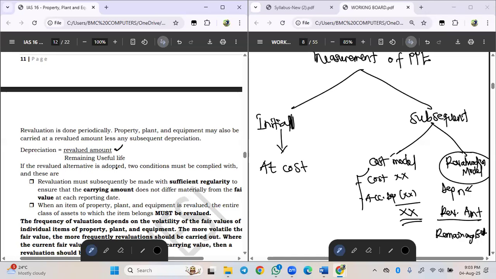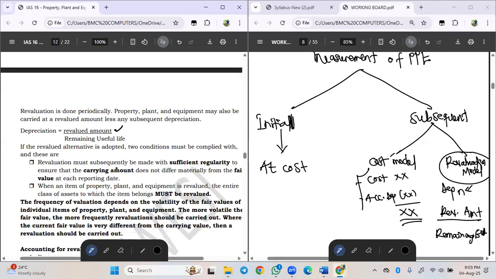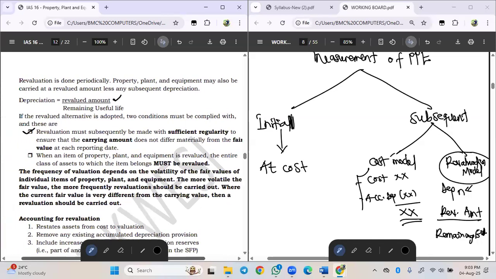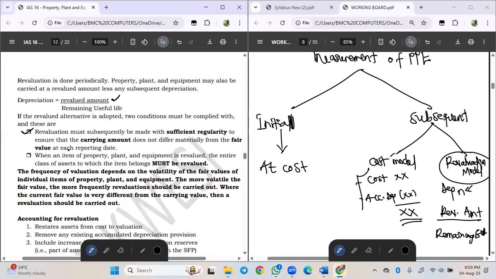Now, we are saying that if the revaluation model is adopted, two conditions must be complied with. First, revaluation must subsequently be made with sufficient regularity to ensure that the carrying amount does not differ materially from the fair value at each reporting date.